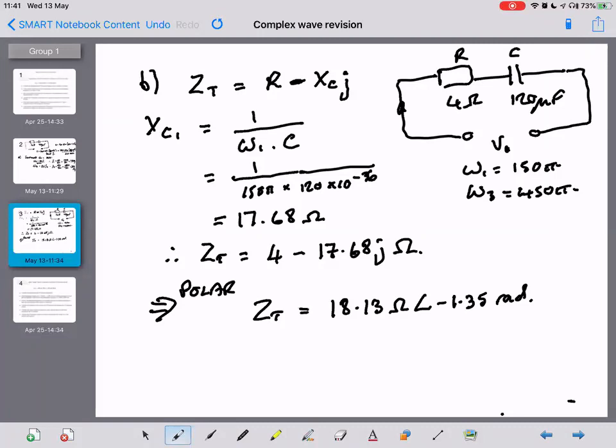There you go, you get an R value of 18.13, and an angle as well. Mine is in degrees, but you get 1.35, minus 1.35.